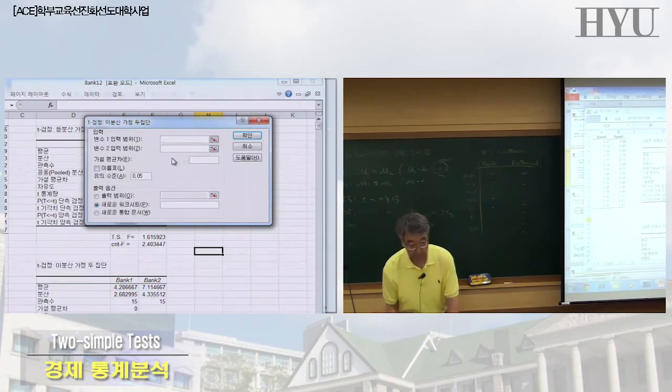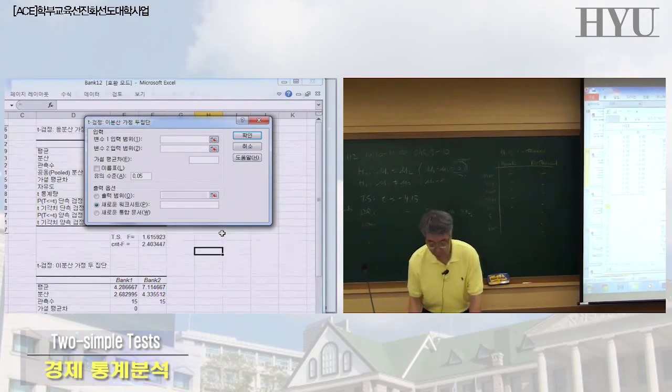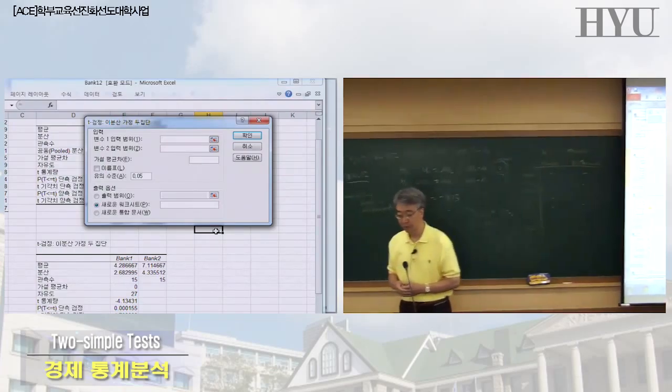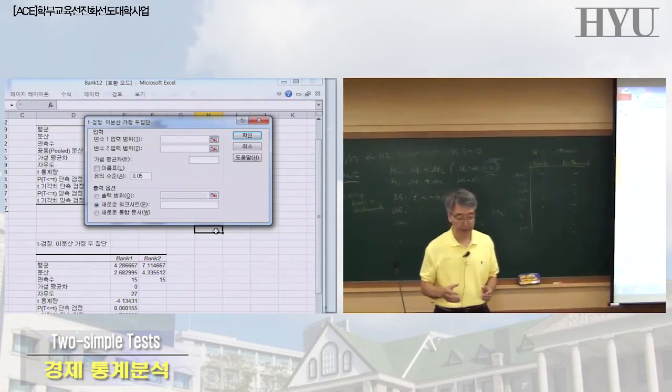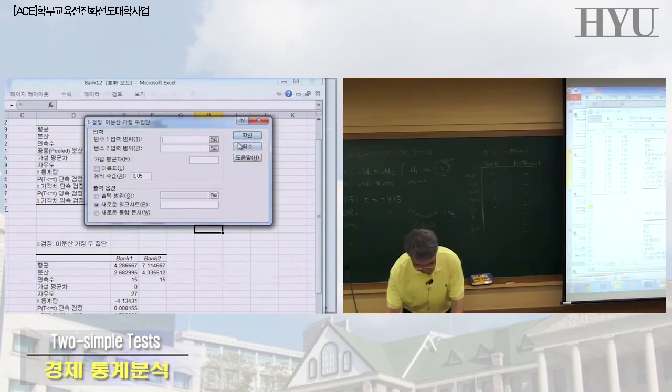We'll run this test a little bit later. But more importantly, I want to talk about how to decide whether you should run the equal variance test or unequal variance test, or pooled variance test versus Satterthwaite test. That's our next topic here.